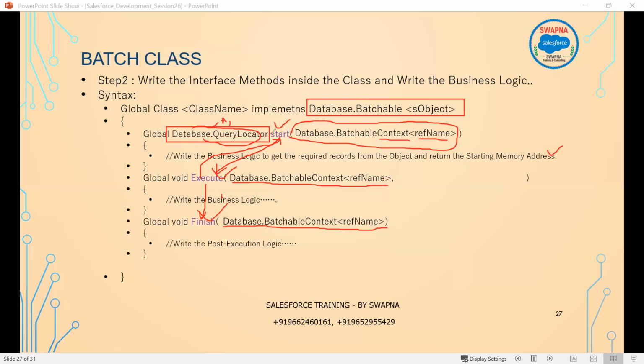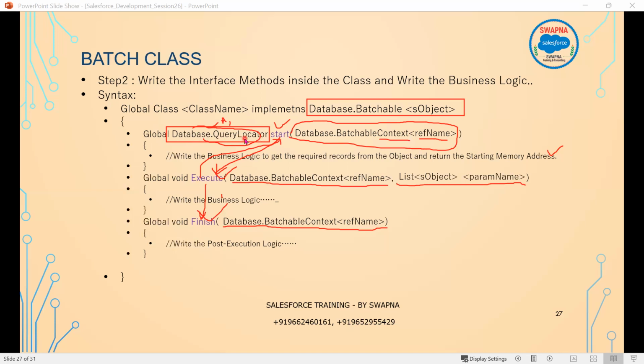That's the reason we have a second parameter in the execute method, where you pass the list of SObject and a parameter name. So the output of the Database.QueryLocator is a list.